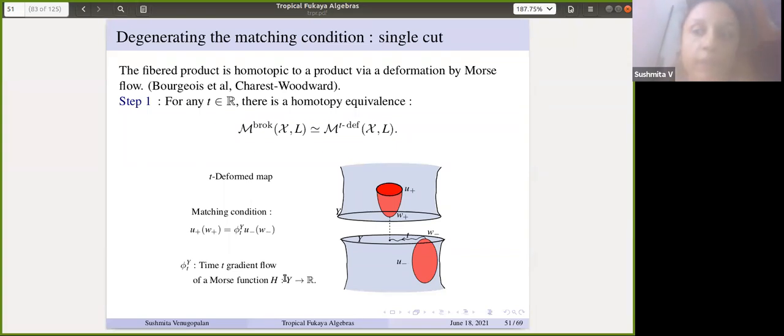So we choose a Morse function. It's part of the datum of the deformed map, and we require that these two nodal lifts are connected by a length T gradient flow segment. And so then it's easy to see that the moduli space of T-deformed maps is homotopy equivalent to the moduli space of broken maps, because we just did a homotopy.